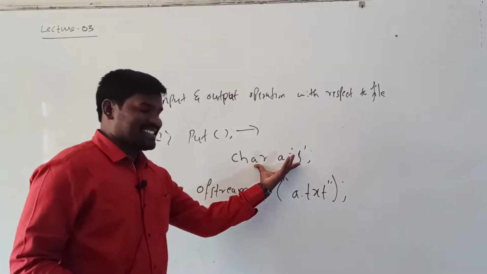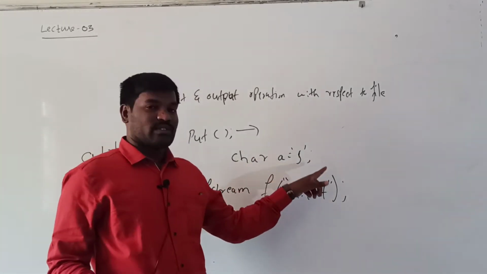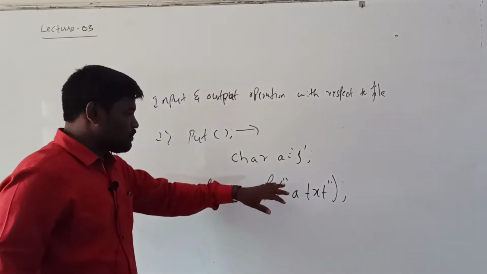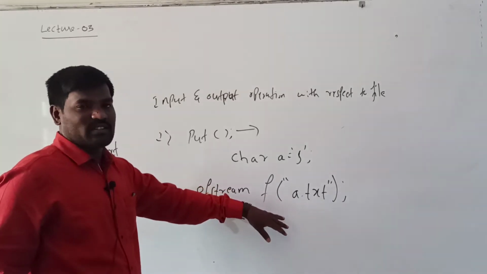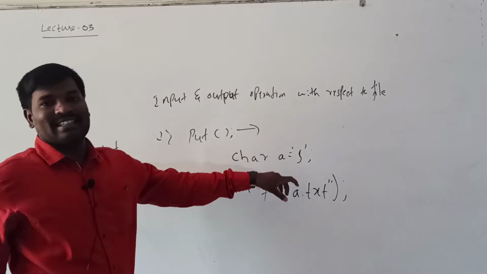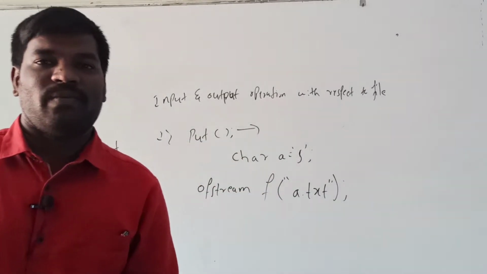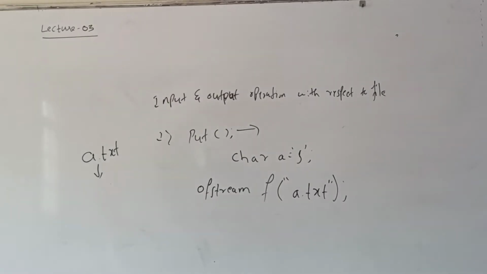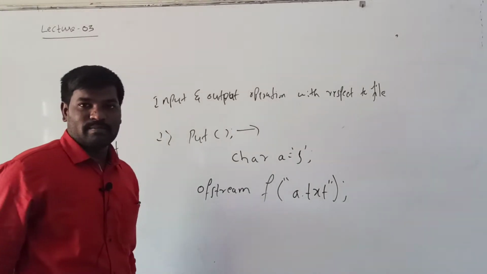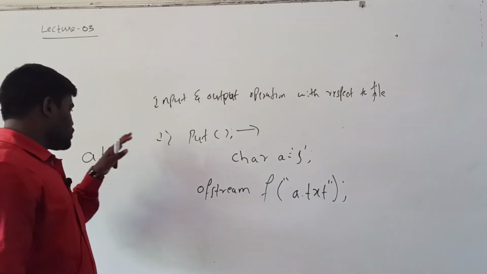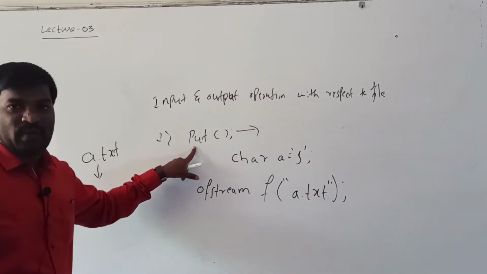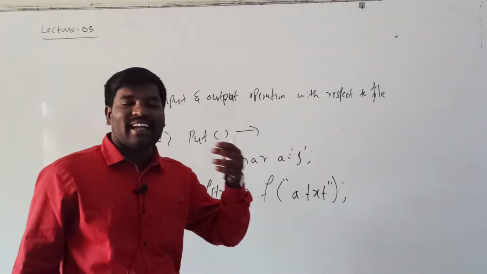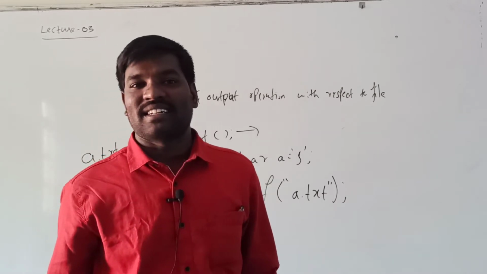Next, our character is 's'. Char a is equal to 's'. With the help of this object, this data is stored in the file a.txt. If you want to write data into the file, we have to use the put function. Put is used to write a single character.